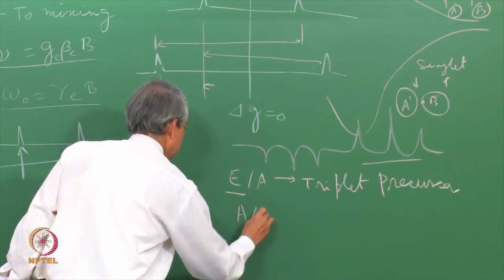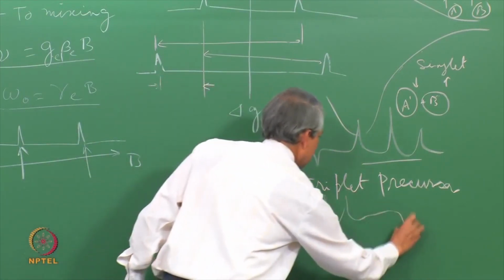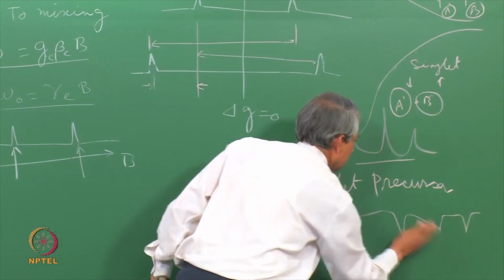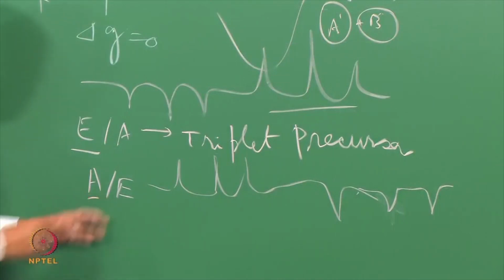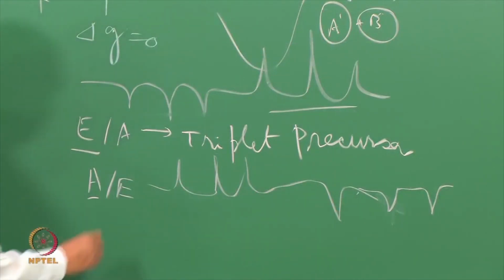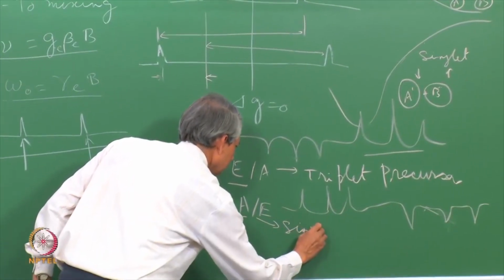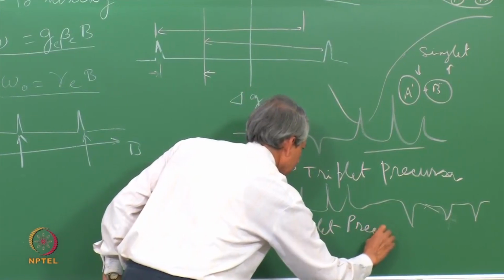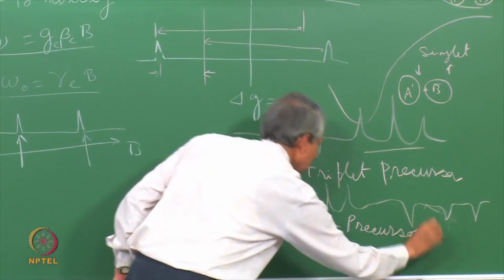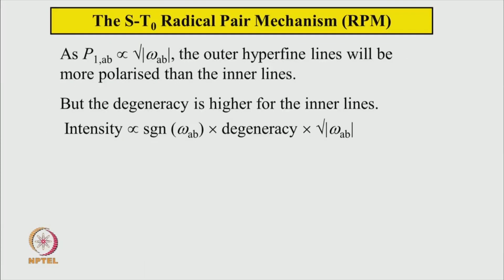Similarly, if it is AE, the low field lines are absorptive and the high field lines are emissive. This is for the singlet precursor. That is the summary of this radical pair mechanism.